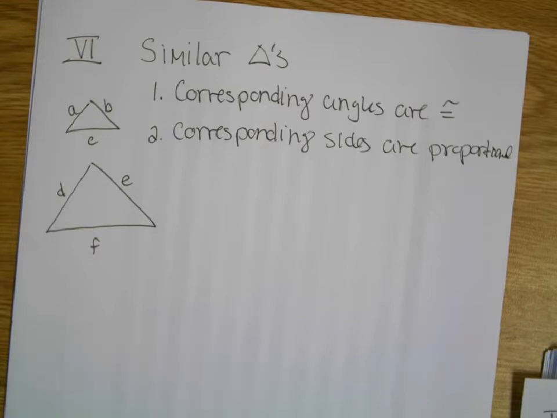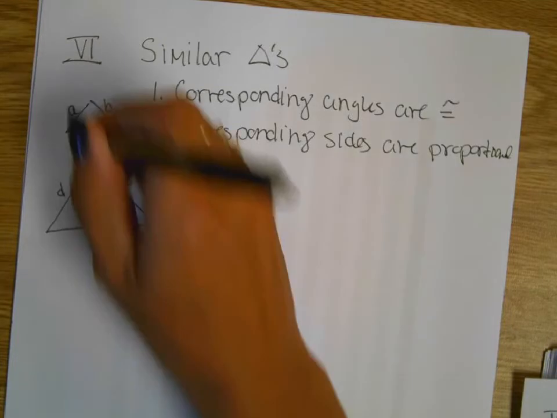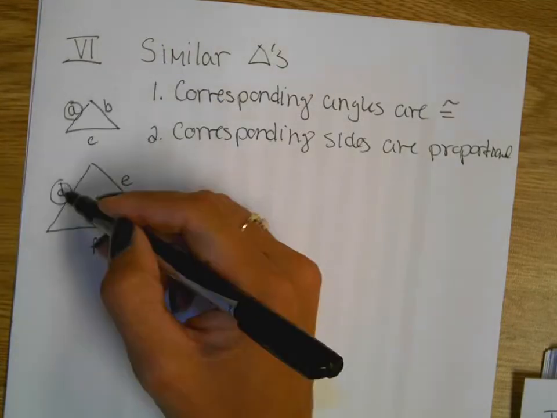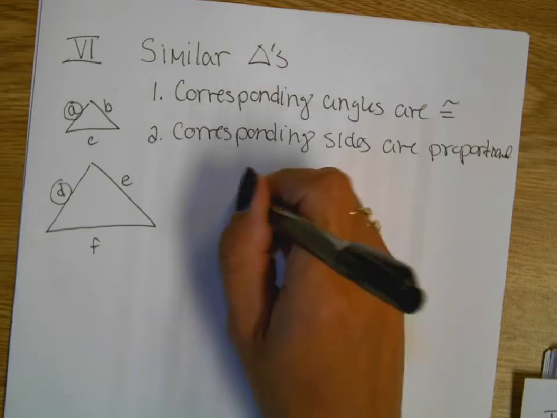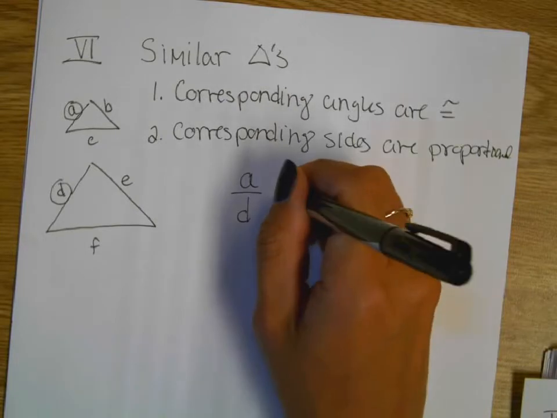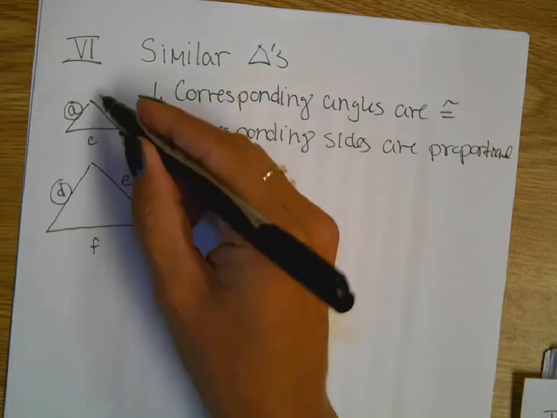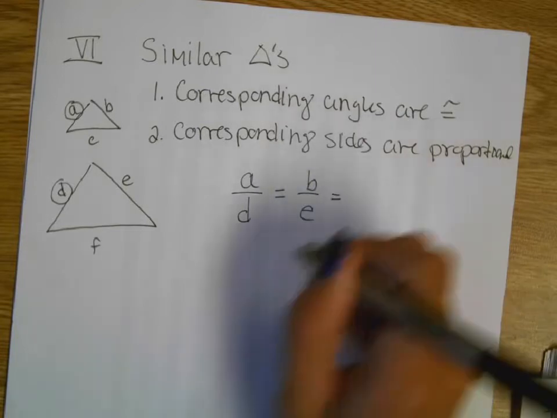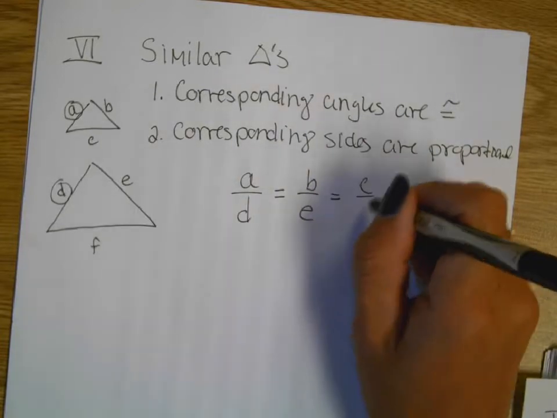Ratio, proportion, all words for a fraction. So when you set up the fraction of two corresponding sides, that ratio or proportion is going to reduce down to the exact same thing for all three sets. And then C over F.